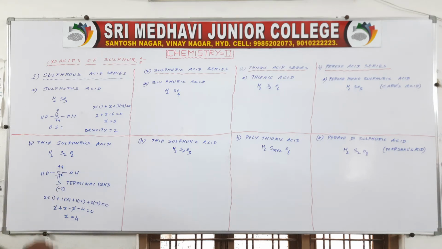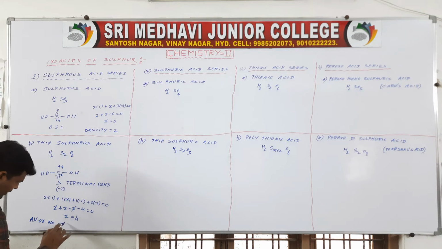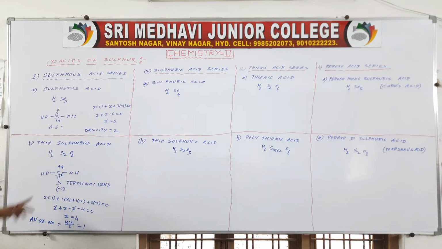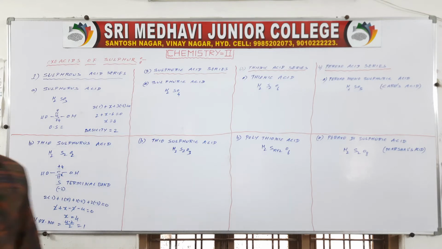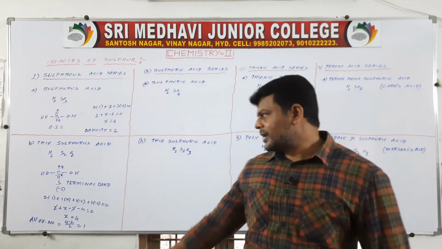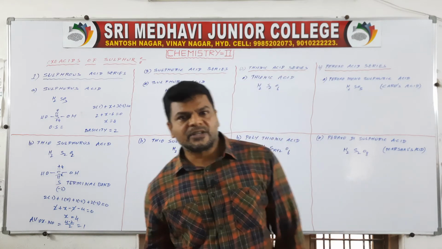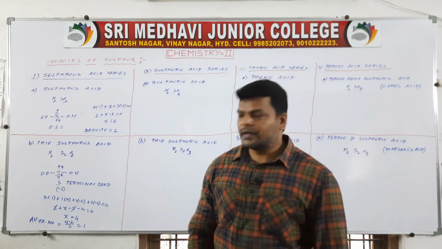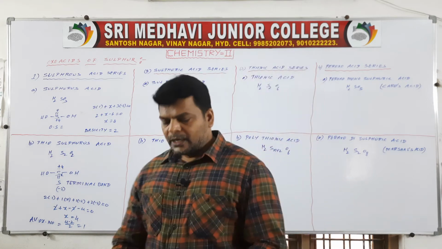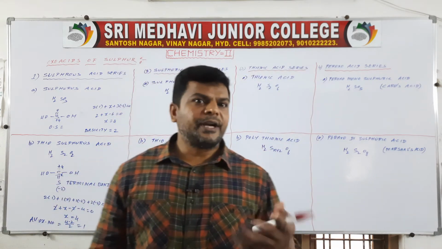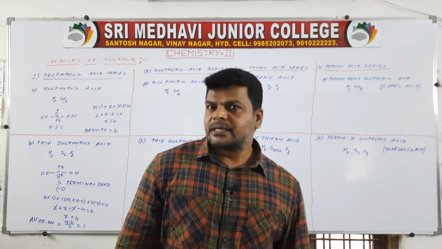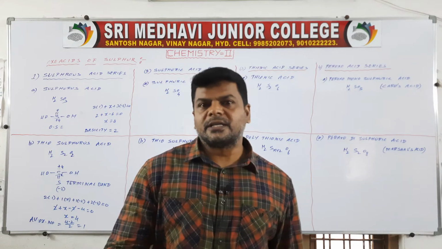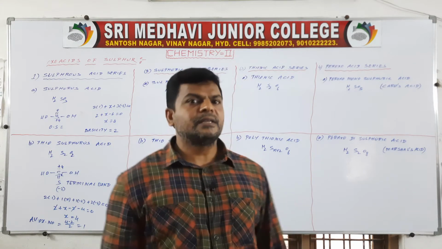Then the average oxidation number equals 4 minus 2 by 2, equals 1. So when 2 sulfurs have different oxidation states, we have to take the average oxidation state. When 2 sulfurs have the same bonds, there is no need of taking the average oxidation state.